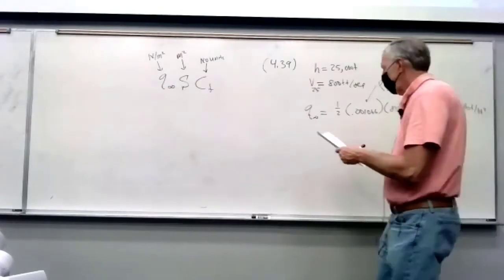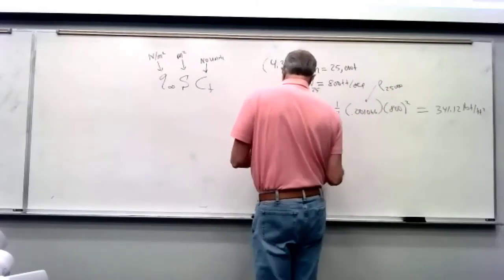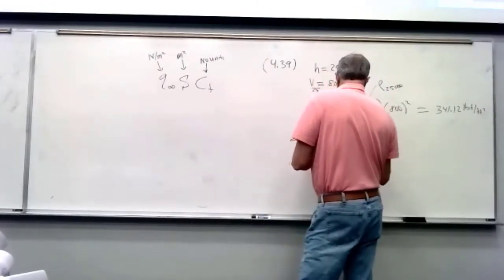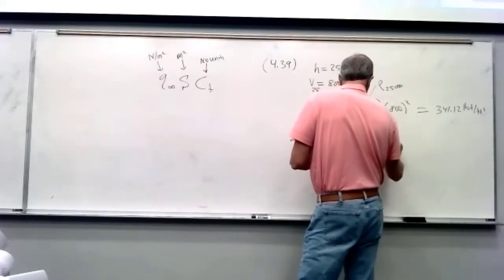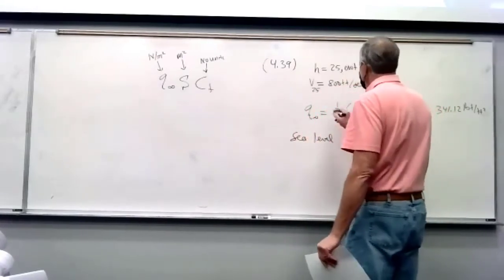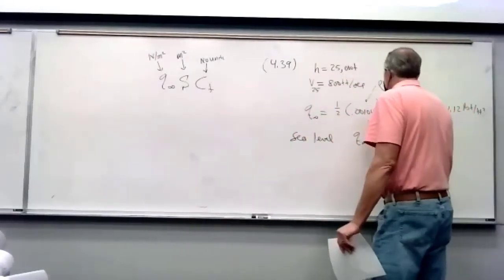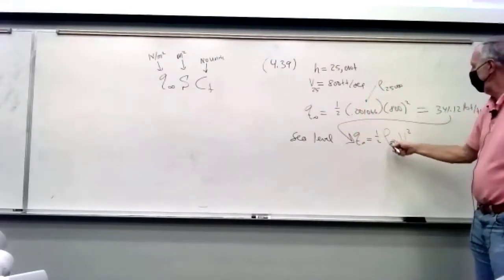Well, they say, what if you're at sea level and you have that same dynamic pressure? What velocity would you be flying at? So we're saying if you had this same number, but you were at sea level, how fast would you be going? Well, the only difference is the density.